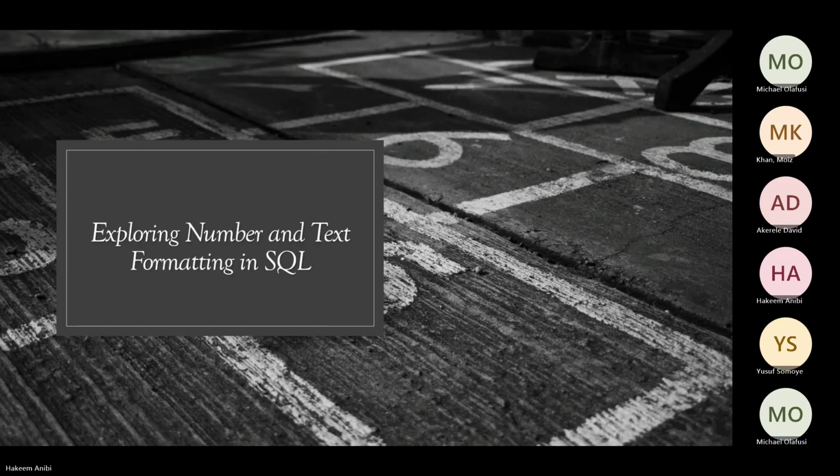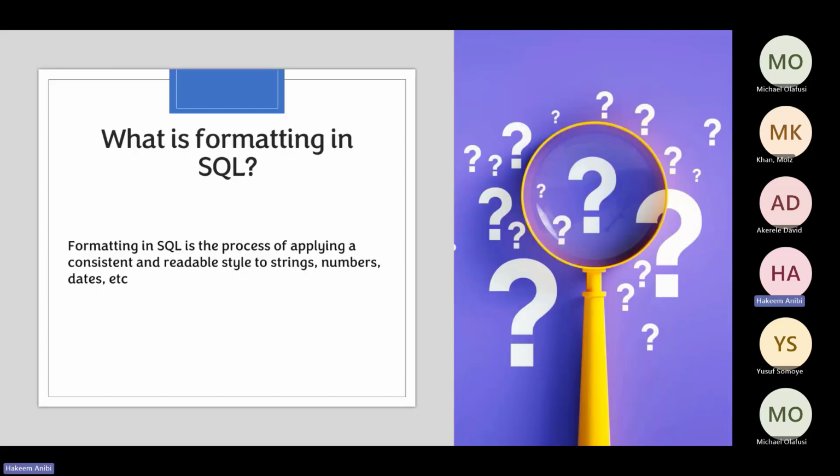Yes. Okay. So today we'll be exploring number and text formatting in SQL. If you were on the call last week, you have an idea of what SQL is. The standard is a structured query language to query databases. So, what is formatting in SQL? Formatting is just a process of applying a readable style to strings, numbers, dates, and our query results in general.